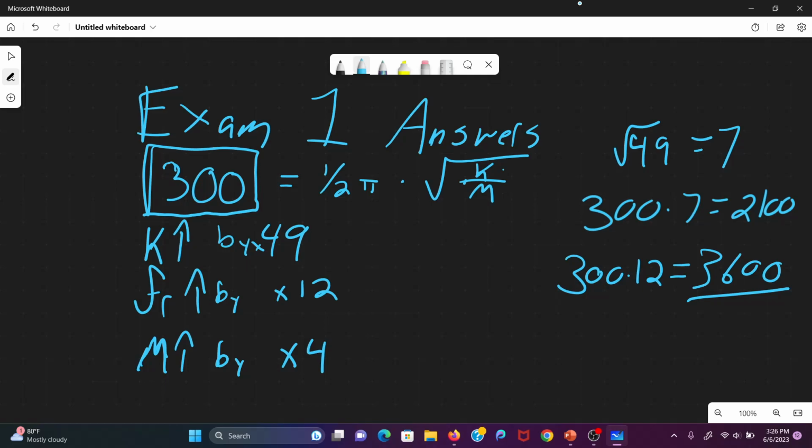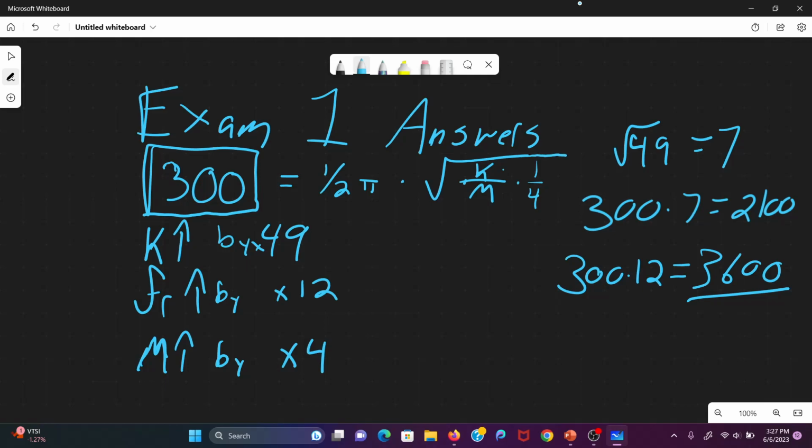And then mass increases by a factor of 4. I think this is probably the one that most people got wrong, because you knew that you had to take the square root of 4m. The problem was you multiplied by 2 instead of dividing by 2. So you can think about k over 4m as k over m times 1/4, still under the radical there.